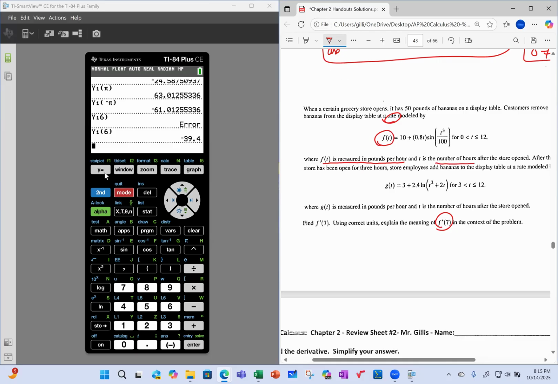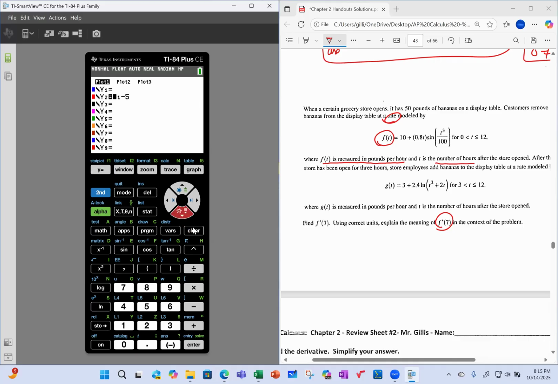So I like going to y equals, I'm going to put my function in there, and it's going to become 10 plus 0.8x times sine of parentheses, x cubed divided by 100.